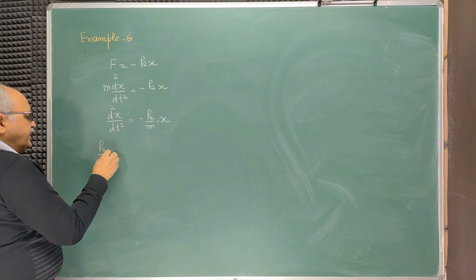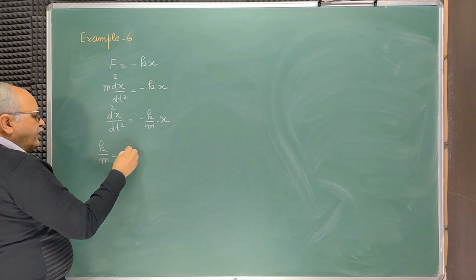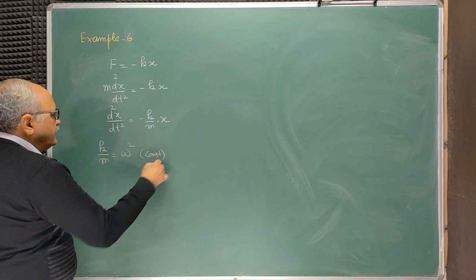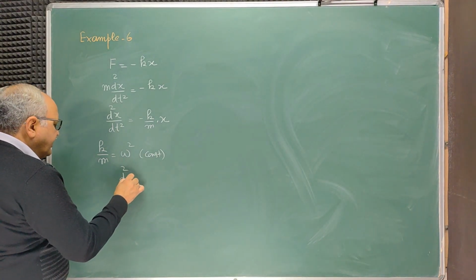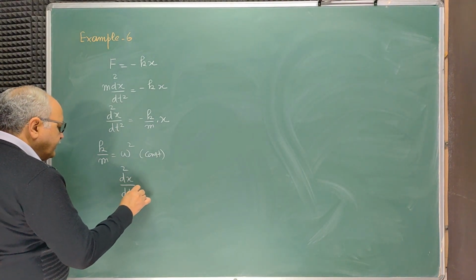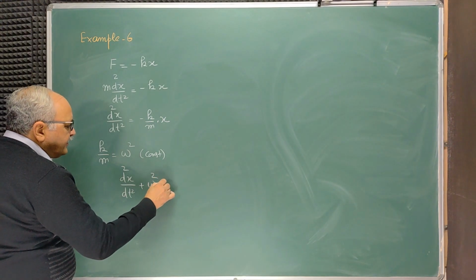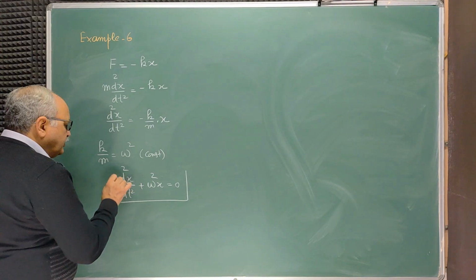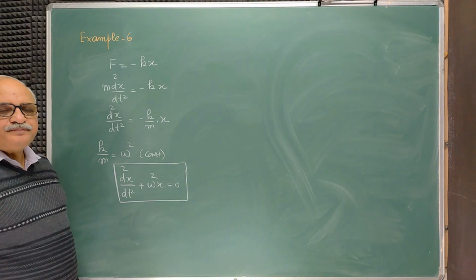Since k is constant and m is constant, k by m is equal to omega square, which is constant. So we can write d square x over dt square plus omega square x equals 0. So this was our starting equation.